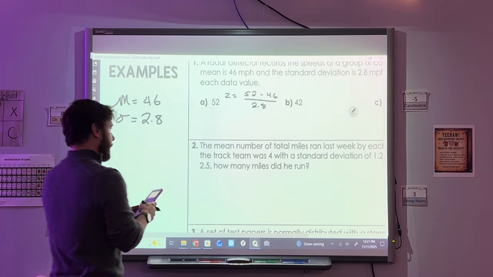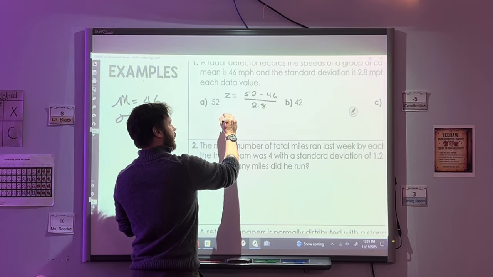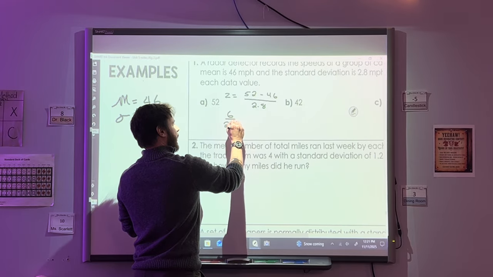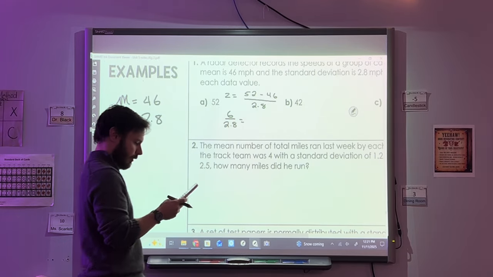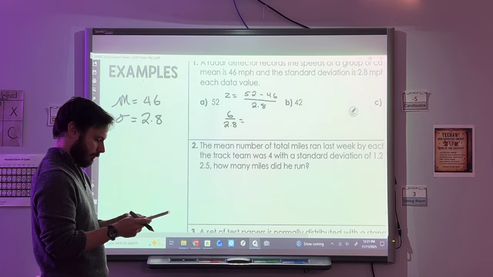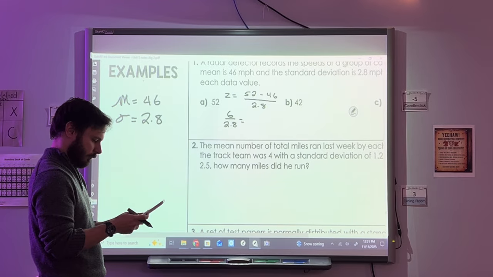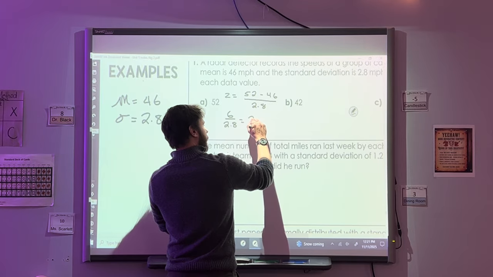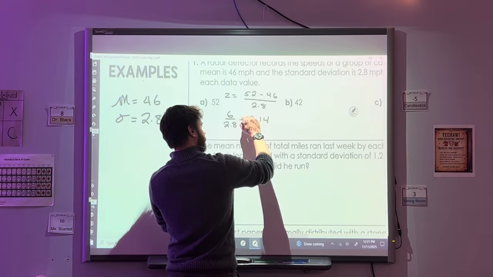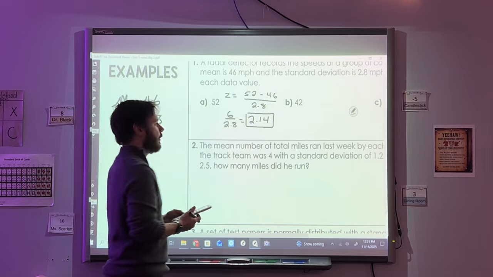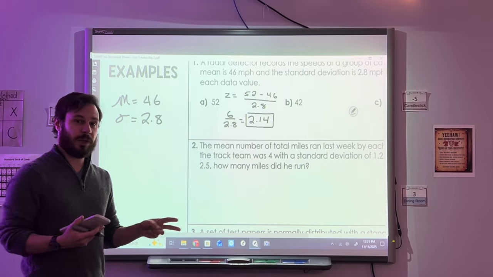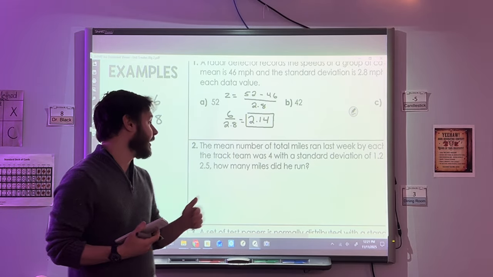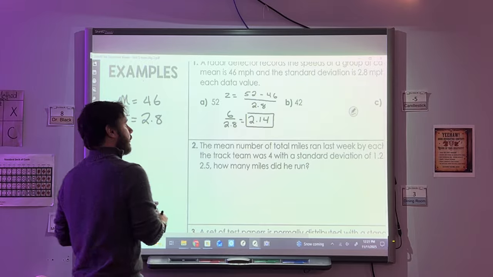So that's going to give me 6 over 2.8. That gives 2.14. So that was over 2 standard deviations above. That was really high up there given the data set.